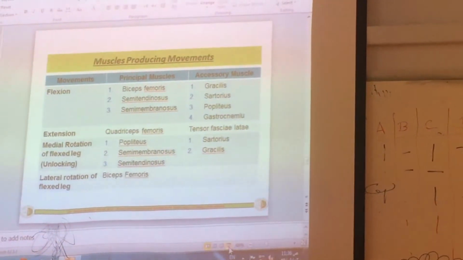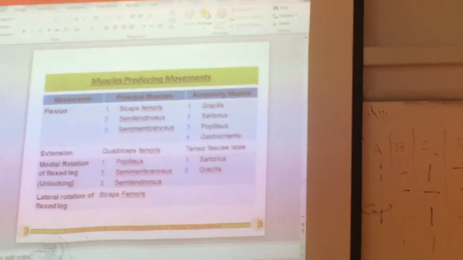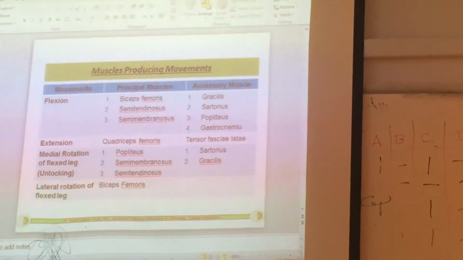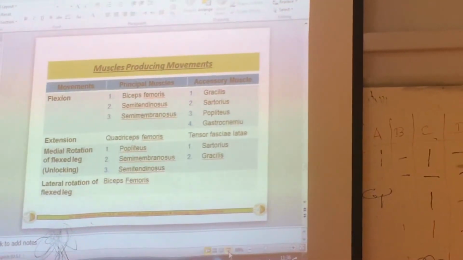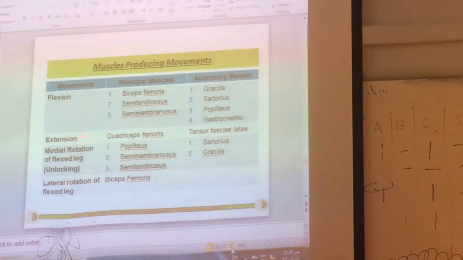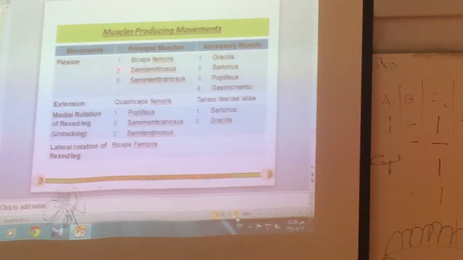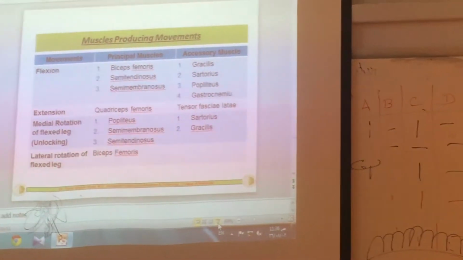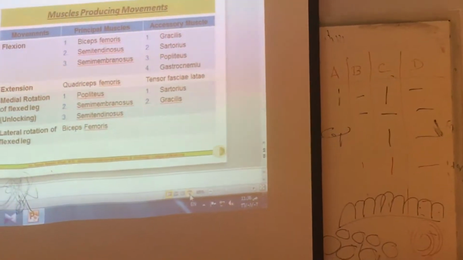For flexion and extension, these muscles are called flexors and extensors because they are either extending or flexing the knee. So if you know the muscles of these compartments, then you know these functions. The flexion will be done by the posterior compartment muscles. The extension will be done by the anterior compartment. And the medial and lateral rotation by the popliteus and these two muscles. Okay.